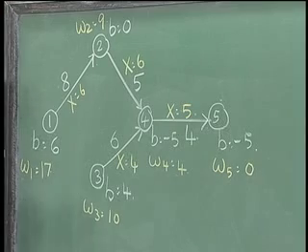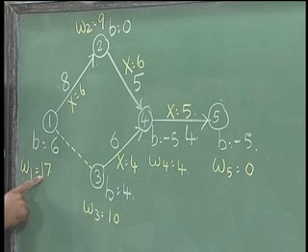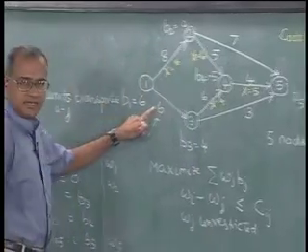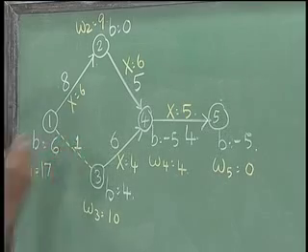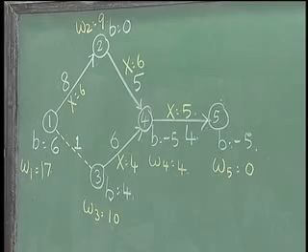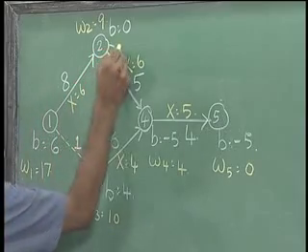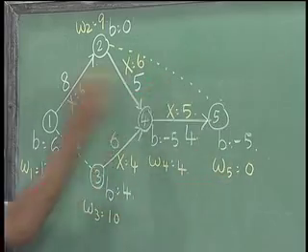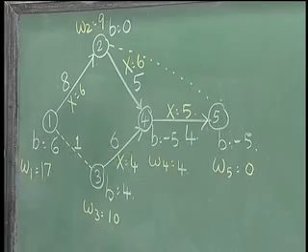Now, for this non-basic arc, Wi minus Wj minus Cij: Wi is 17, Wj is 10, Cij is 6. So, 17 minus 10 is 7, 7 minus 6 is 1. Now, there is another non-basic arc, 2 5. Wi minus Wj minus Cij is 9 minus 0 minus 7, which gives a value equal to 2.